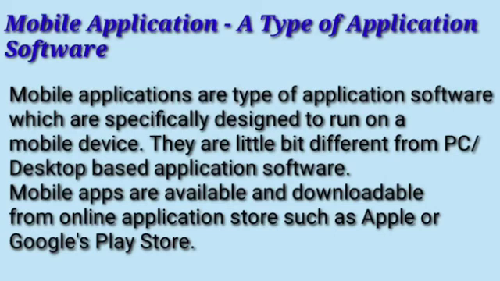These are easily downloadable from the Play Store, such as the Apple App Store or Google Play Store. For Android phones, we can download from the Google Play Store, and Apple phones have their Apple Store. BlackBerry phones also have their own stores, so you can download these application software from there also.